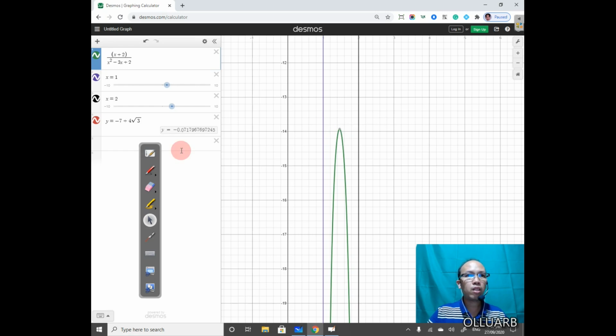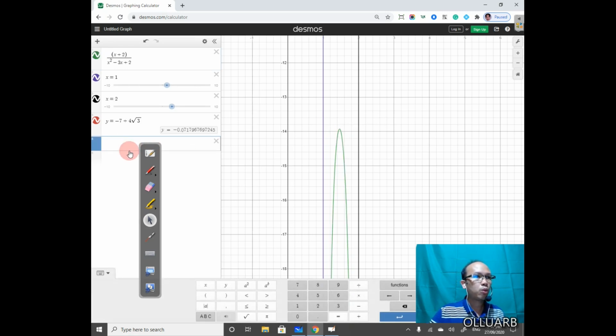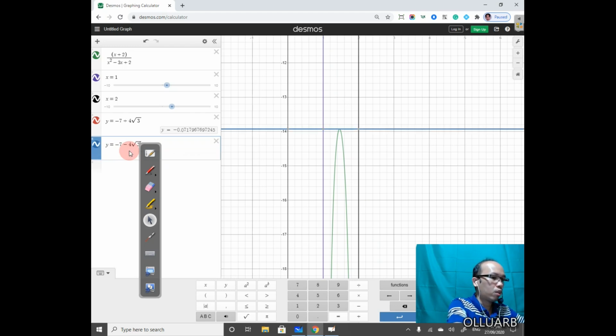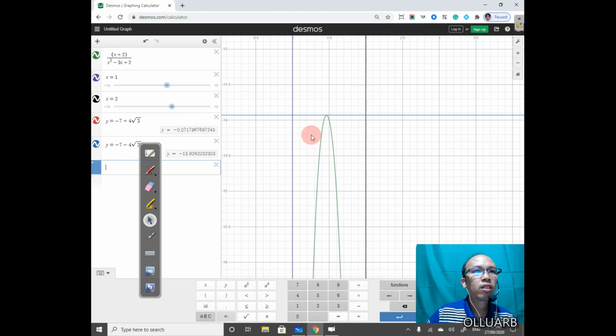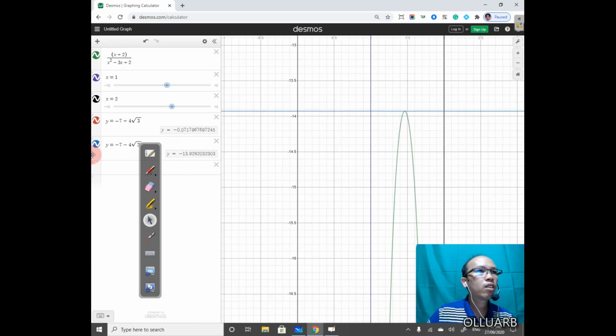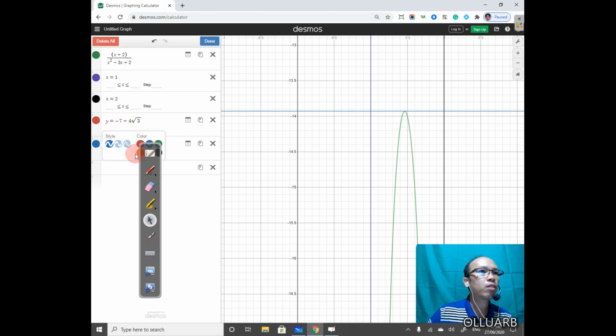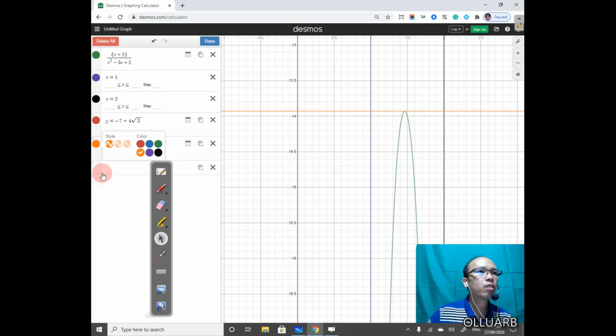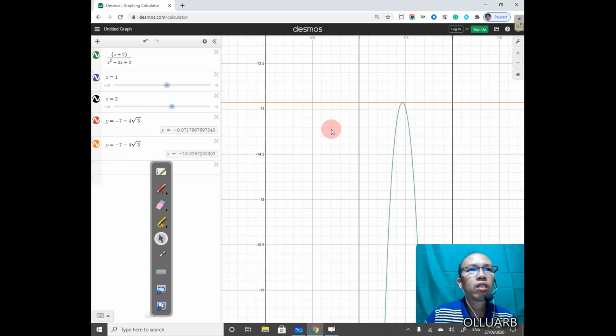So it verifies, but let's try to plot that one. Negative 7 minus 4 square root of 3. Can you see the blue one? Let's try another color. Let's try orange. Okay, done. Can you see?